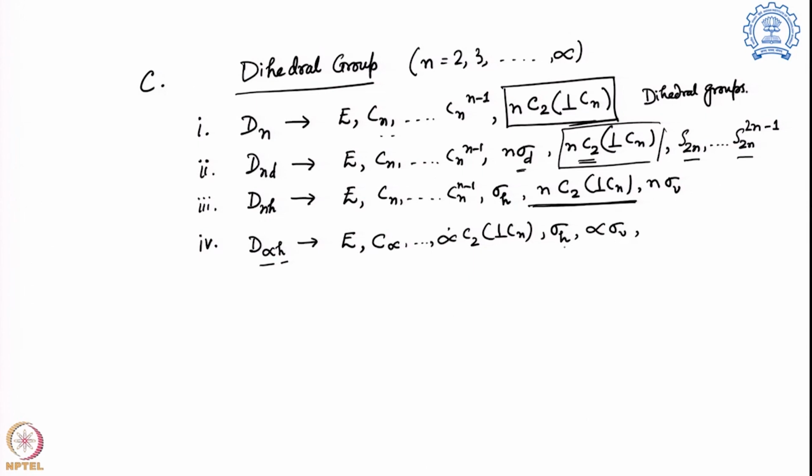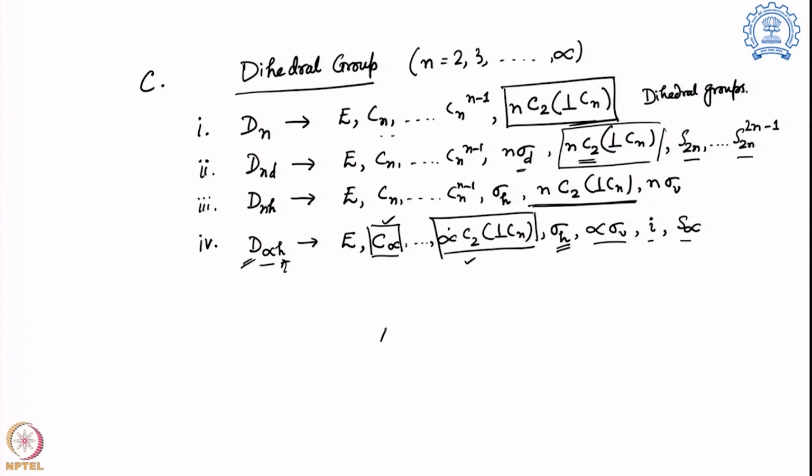Interestingly, they are also going to have a center of symmetry, and you are also going to have an S infinity. So, that means you are going to have the C infinity for obvious reasons, an infinite number of C2s perpendicular to Cn, which defines it as a dihedral group. You are going to have a sigma h, so that is why it is D infinity h, an infinite number of sigma v's, a center of symmetry and improper axial rotation in a similar place as in C infinity.